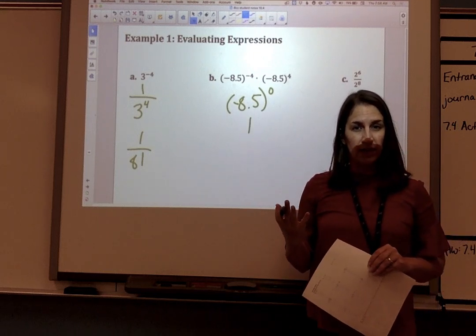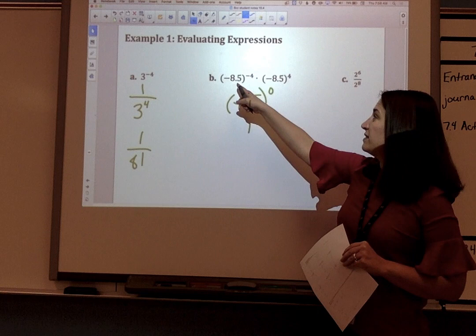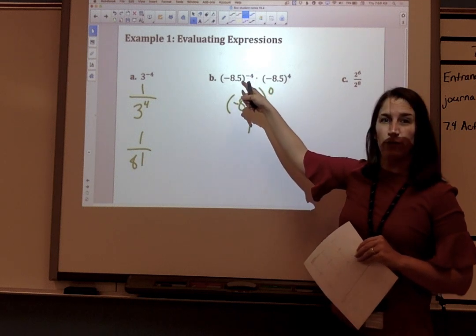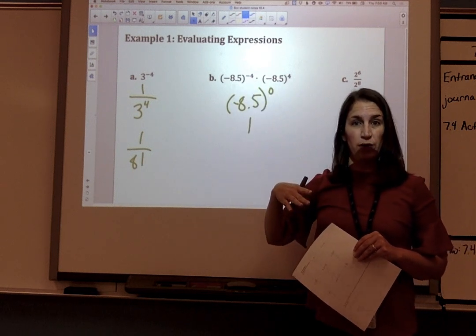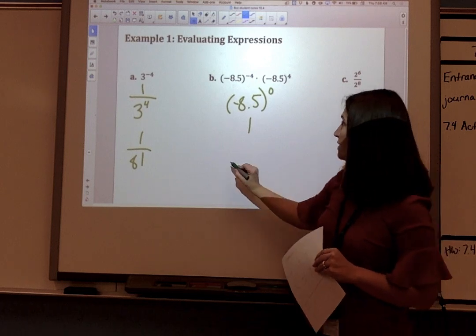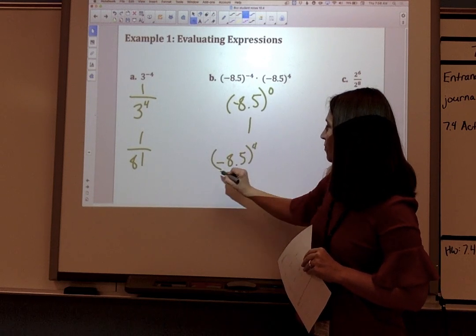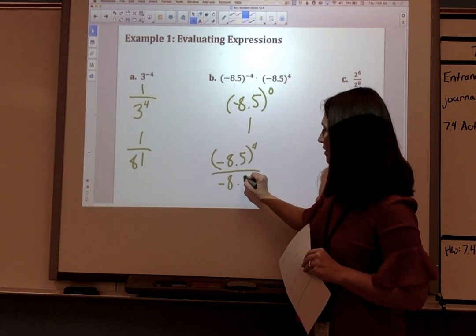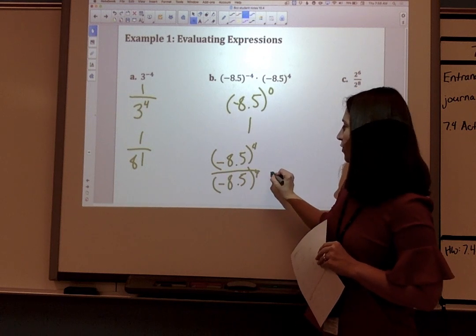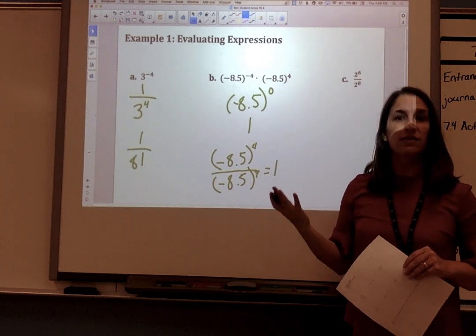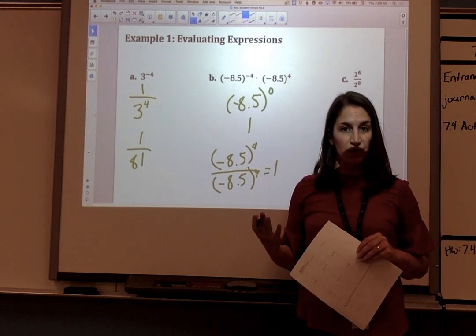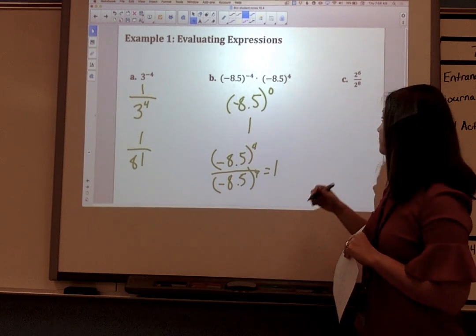We want to think about this in expanded form. This negative 8.5 to the negative 4th power would be 1 over negative 8.5 to the 4th power. So we would basically have negative 8.5 to the 4th power over negative 8.5 to the 4th power. So that's another way to think about this, is how we would get to a simplified expression of 1.